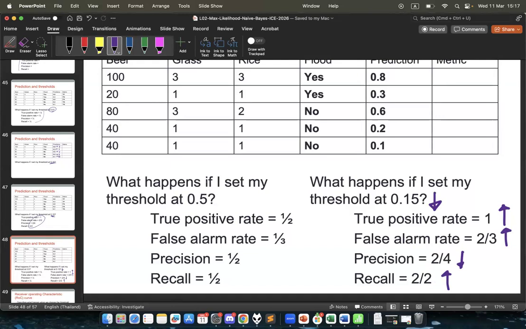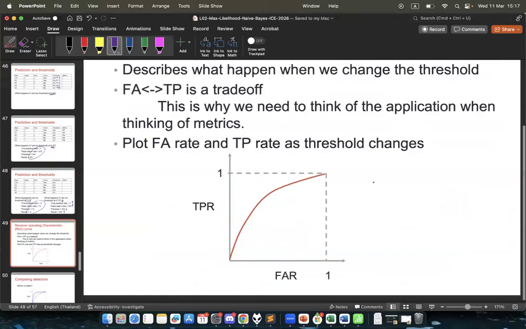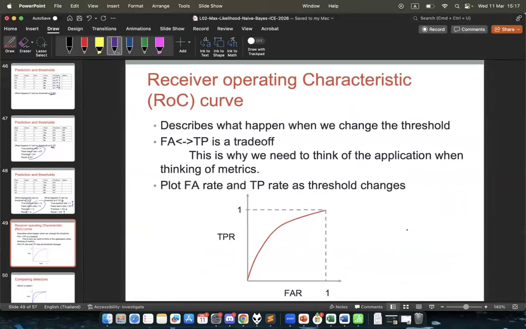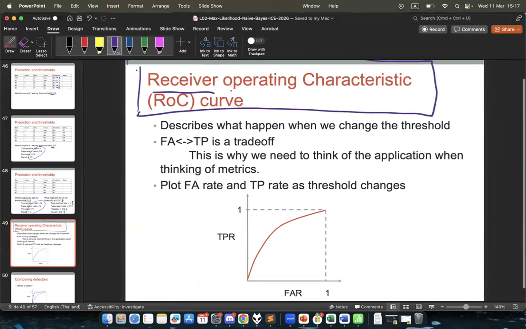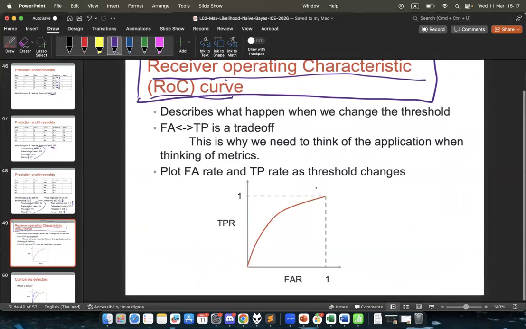Since different thresholds will give you different numbers, one way for people to summarize the performance of a model is through what we call the ROC curve, which stands for receiver operating characteristic curve. How this curve is constructed is that you pick a threshold.